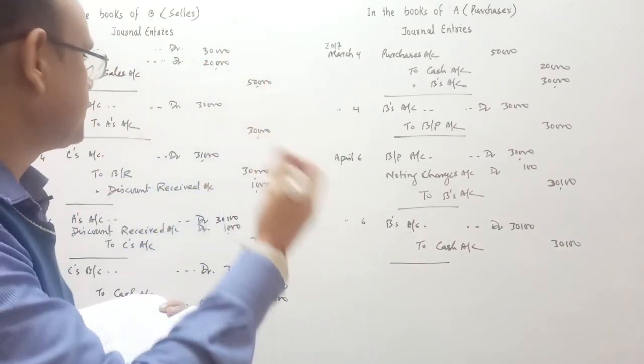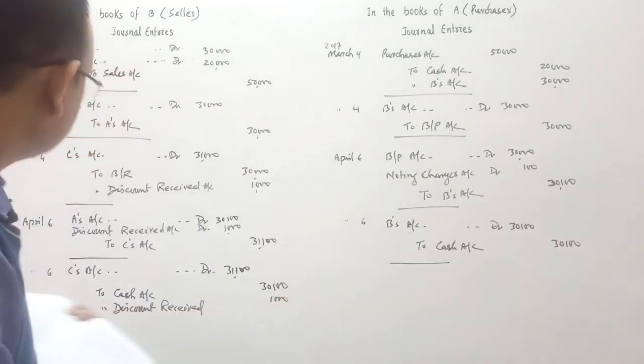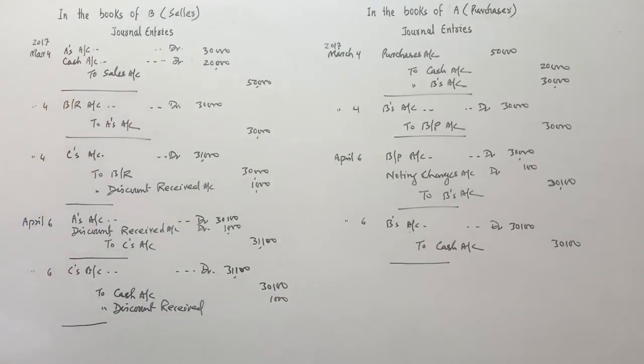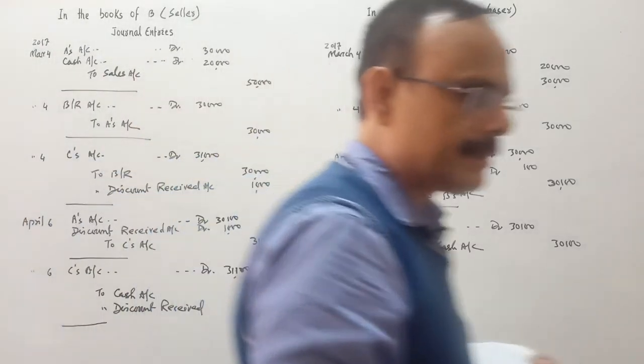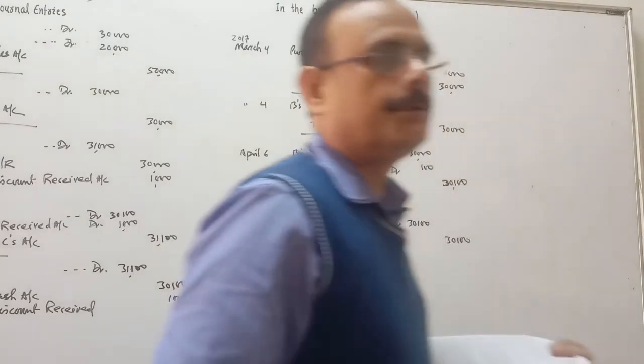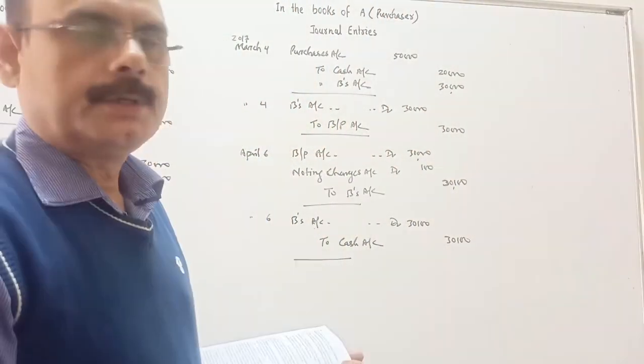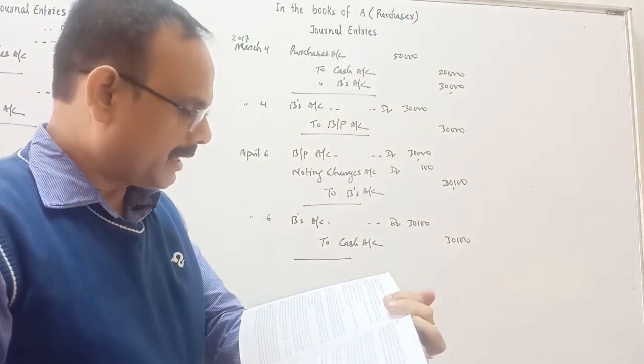In the books of C, first of all, we see the ledger of A in the books of B. Before that, we have to see what entry will pass.